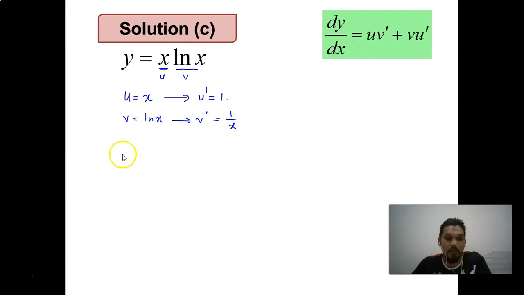So then y prime or dy/dx equals u prime v plus u v prime. That is 1 multiplied with natural log of x, plus x multiplied with 1 over x. So it equals natural log of x plus 1. There you go.